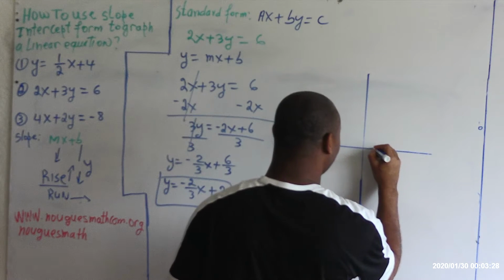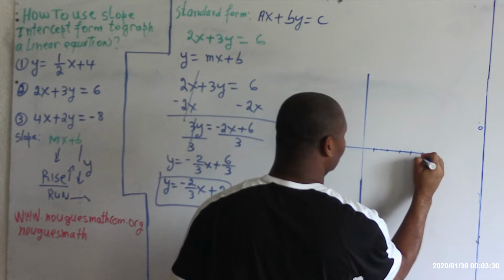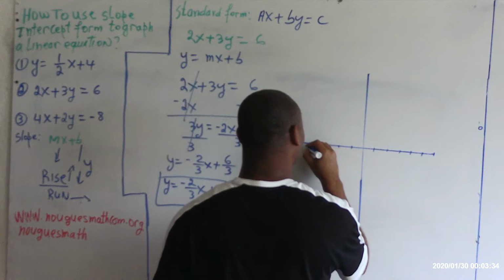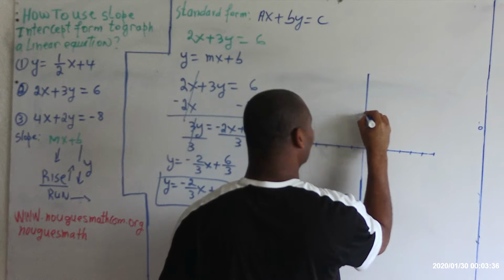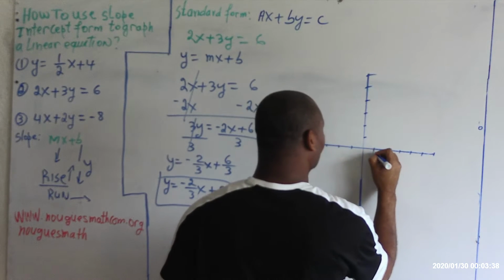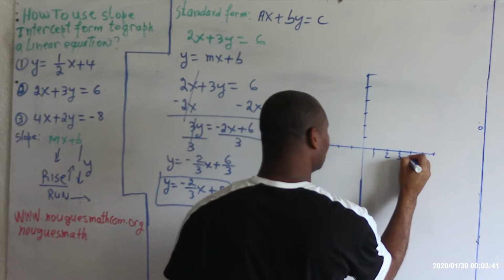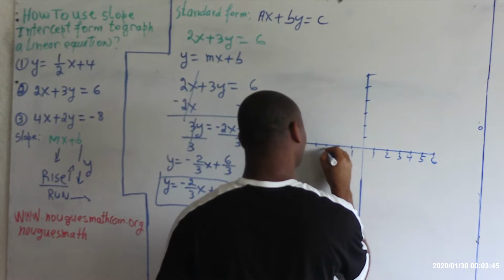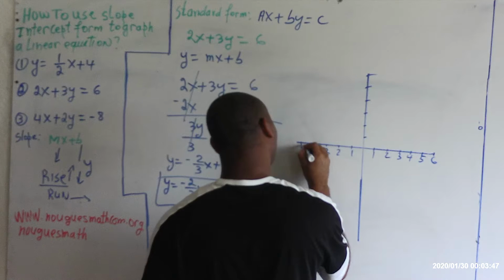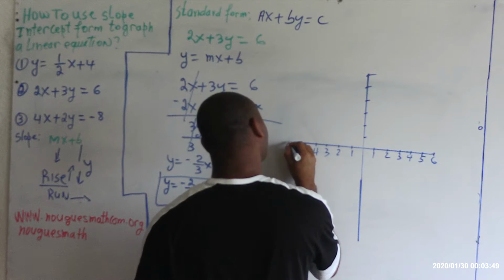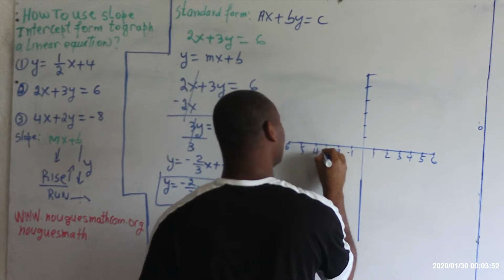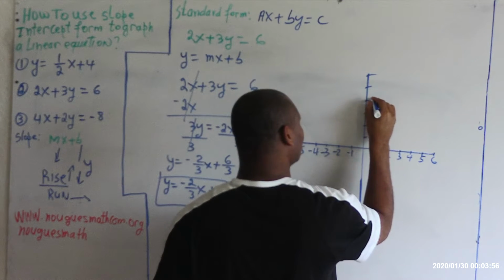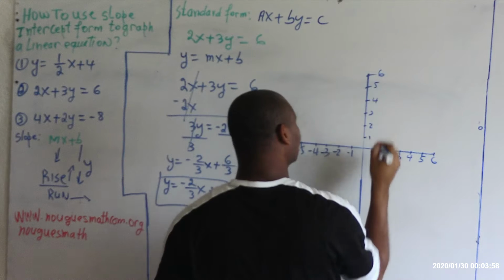Okay, number line. One, two, three, four, five, six.